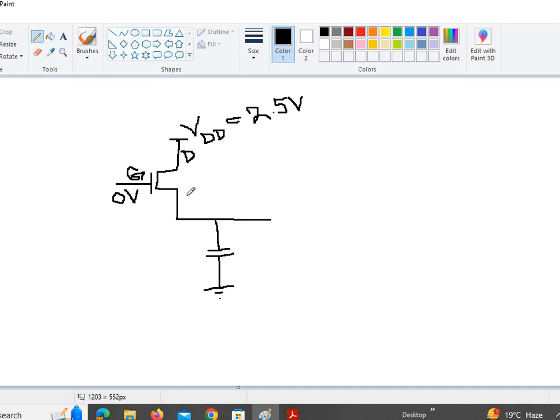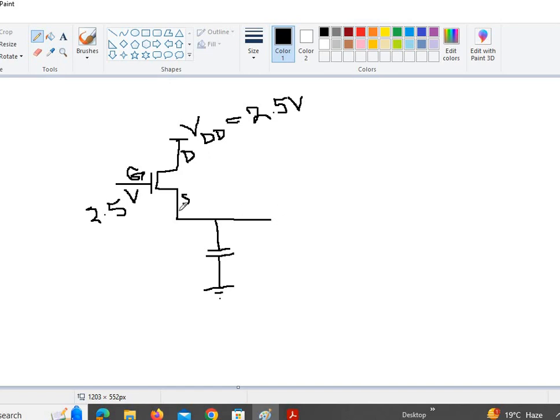So here is our drain, here is our source for the NMOS, and also the NMOS would start conducting if the input is high. So in this case, the input is going to be 2.5 volts. So it means that initially, since the input is high, this NMOS would start conducting. Initially, the output is at 0 volts and is going to start charging.